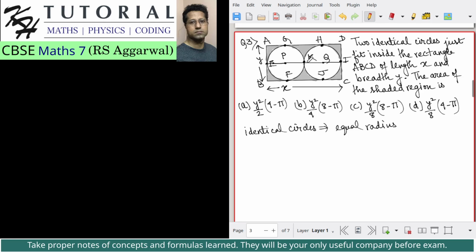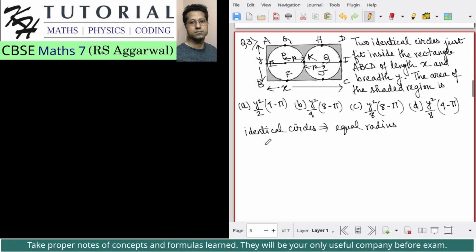So PK will be the radius of the circle with center P. Let's say the radius of each circle be R. Each identical circle will have the same radius, R.